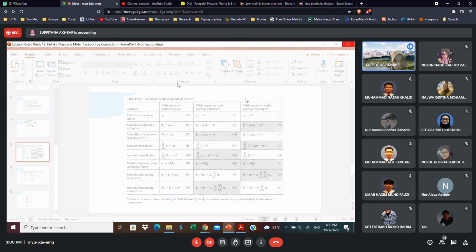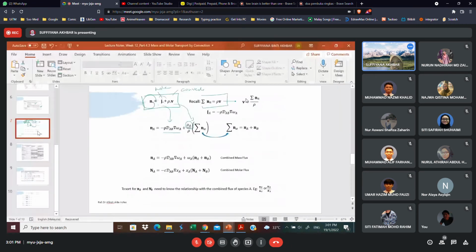Okay, so combine tu tadi tu kita nak tulis dalam bentuk molecular transport and also kita nak tulis dalam bentuk convective. Sekejap. Okay, alhamdulillah. Okay, so tadi kita cakap dalam bentuk molekular, so kita involvekan the fixed law and then plus row AV. So row A maintain, so this V kita dapat daripada mana? Daripada yang tadi ni.